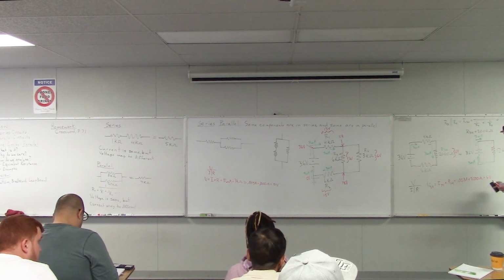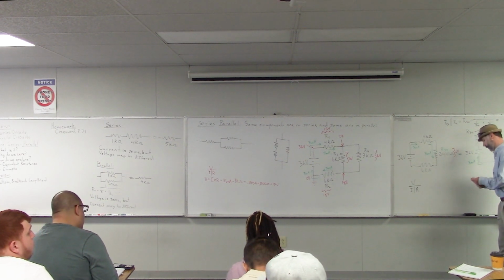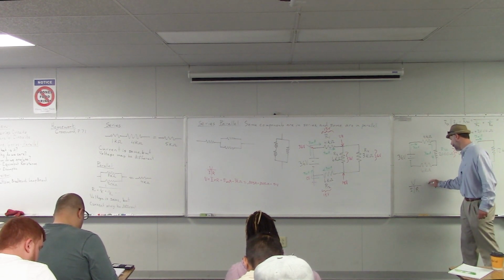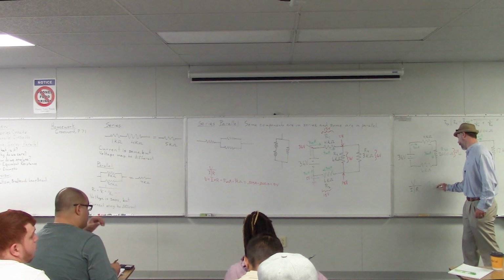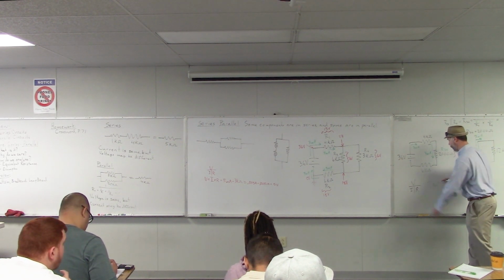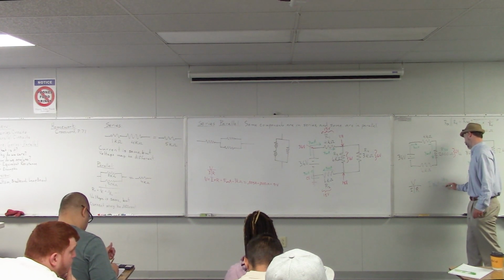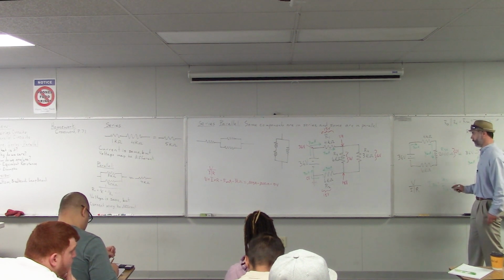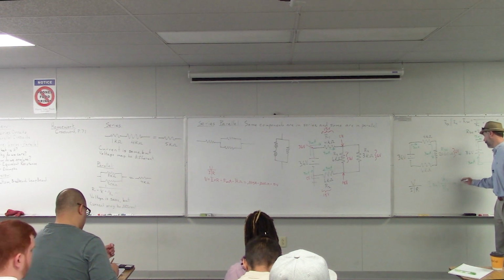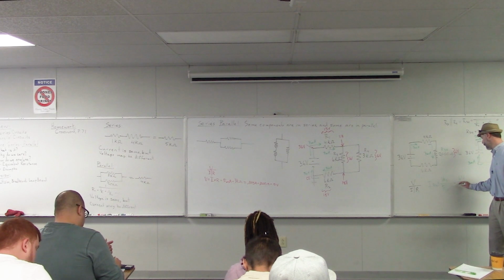So we can say that I R3 is, we cover that up and we see that it's V over R. So V R3 over R3. So that would be, the voltage is 6 volts. And then the resistance is 6,000 ohms.